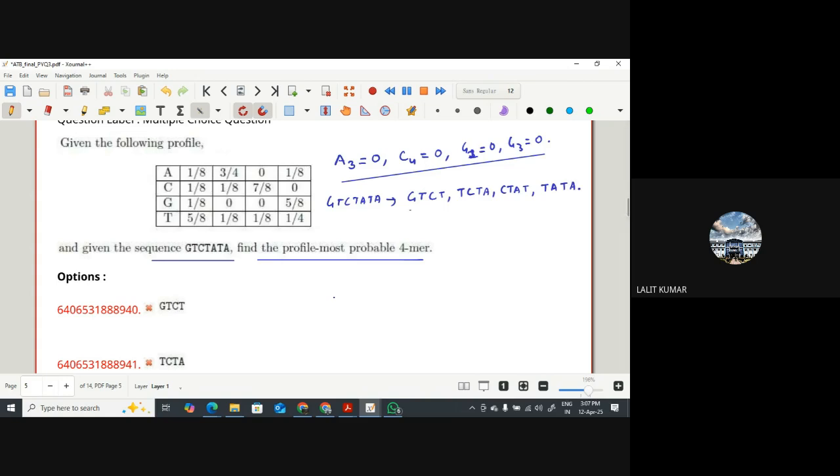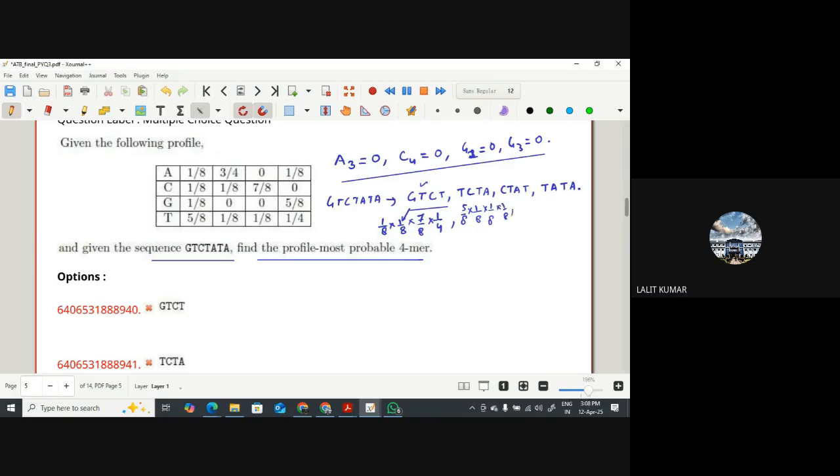So now GTCT, here you see GTCT will become G value is 1 by 8, T is 1 by 8, C is 7 by 8, and T is 1 by 4. So this is the value of this one. TCTA, so here T is 5 by 8, C is 1 by 8, then T is 1 by 8, and A is 1 by 8.